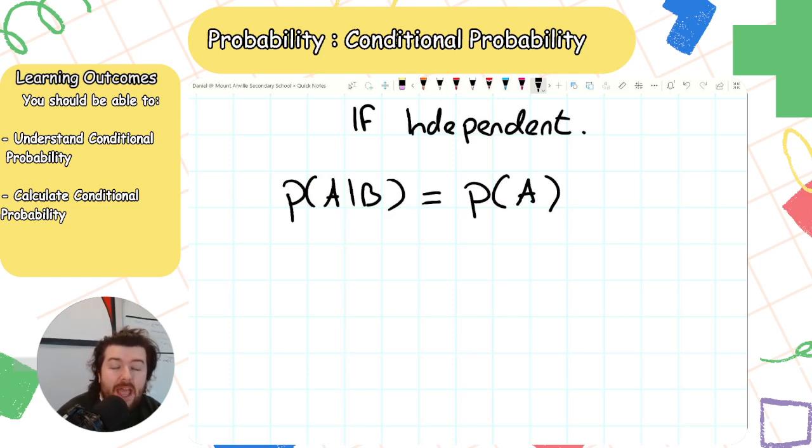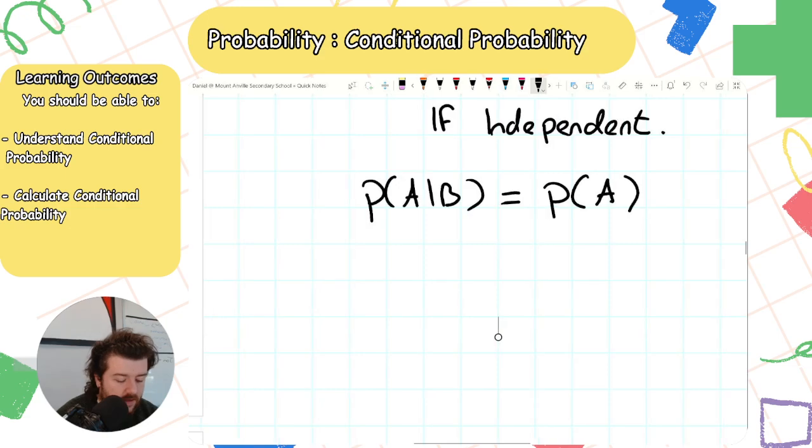Well, if they're independent, it doesn't matter if B happened or not, because A will still have the same probability of happening. So A given B will equal probability A if the events are independent.